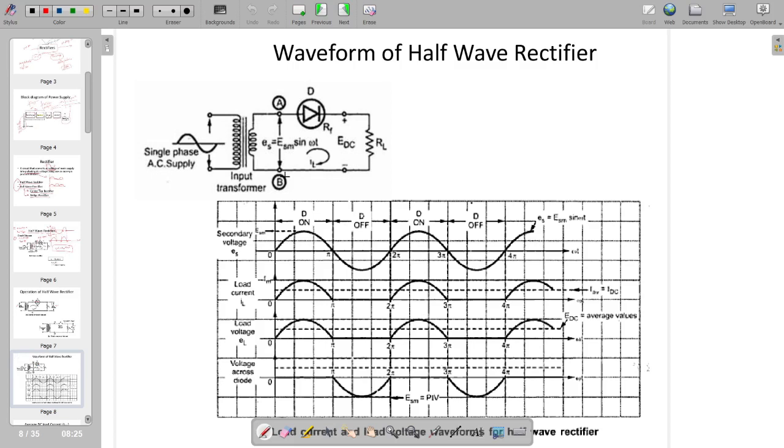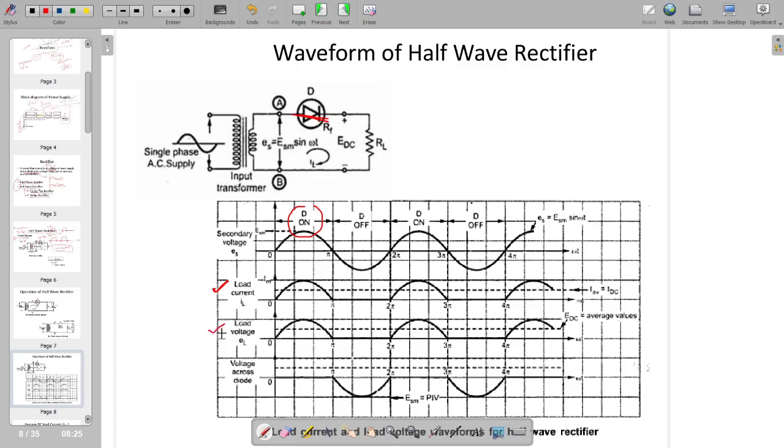So I'm merging the entire waveforms to understand the principle of waveform operation of a rectifier. During the forward bias condition, during the positive cycle, the diode is on. In this case, the load current flows because it is a short circuit. Whatever current is flowing on the source side will flow to the load.